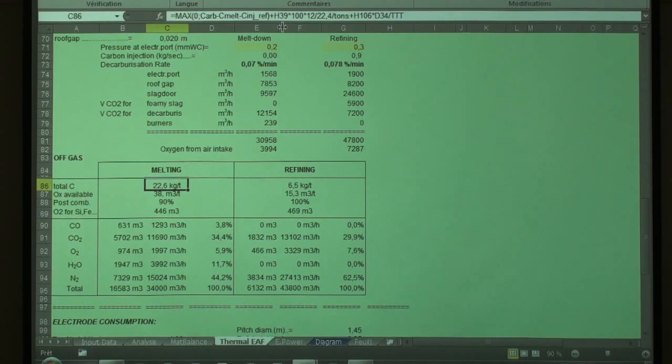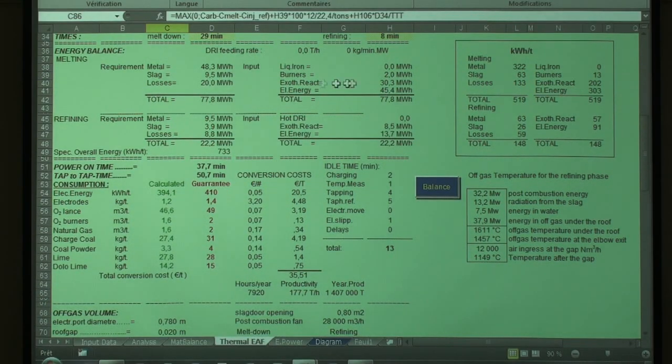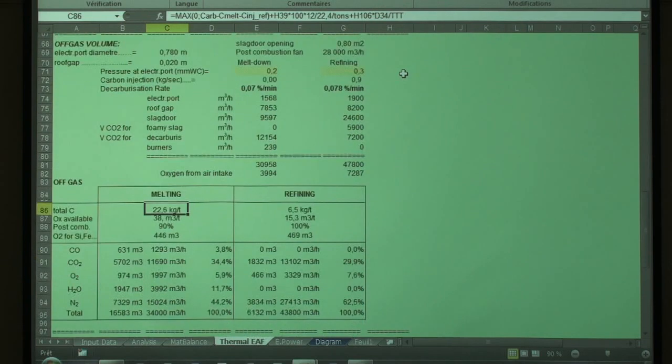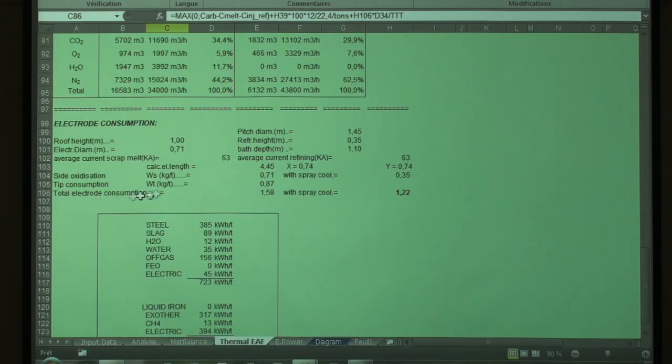Plus we add some carbon coming from the burners, because we have methane. H39, this is the burners. And H106, this is the electrode, total electrode consumption, this one here, related to the power on time proportion for the period of melting time.